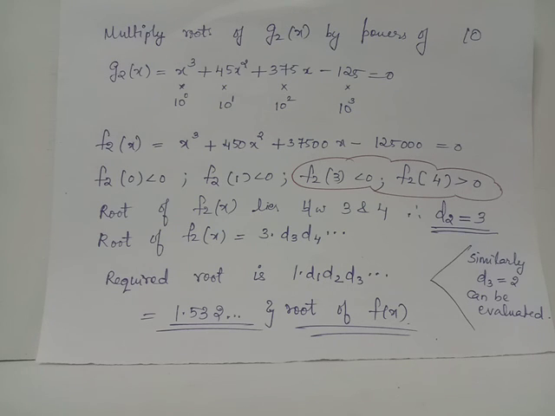Once you find the interval inside which the root of f3 of x will lie, the lower bound becomes the integral part d3. The required root for the equation f of x equals x cube minus 3x plus 1 is given by 1.532, having found d1 equals 5, d2 equals 3 and d3 equals 2 using Horner's algorithm.